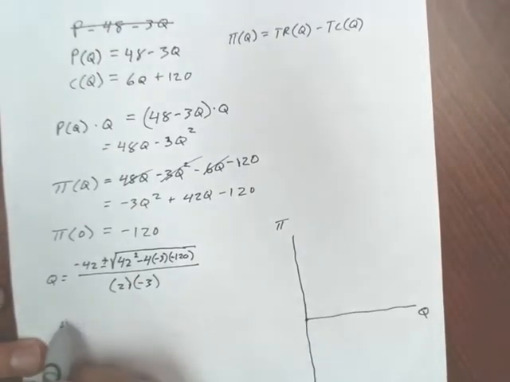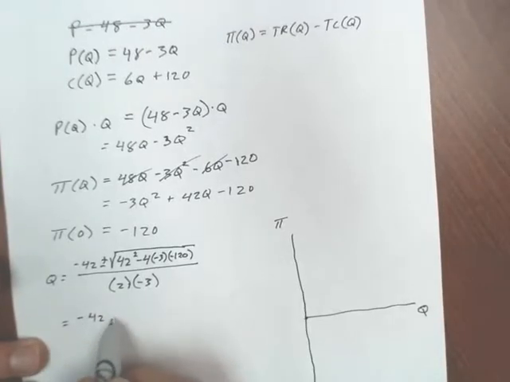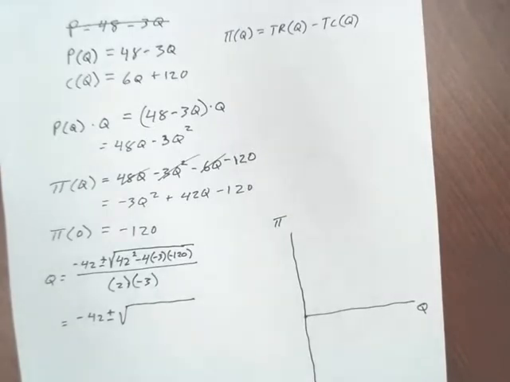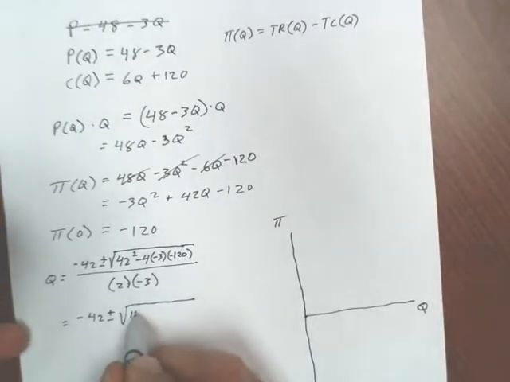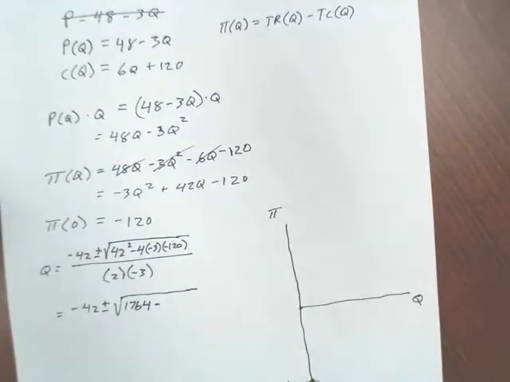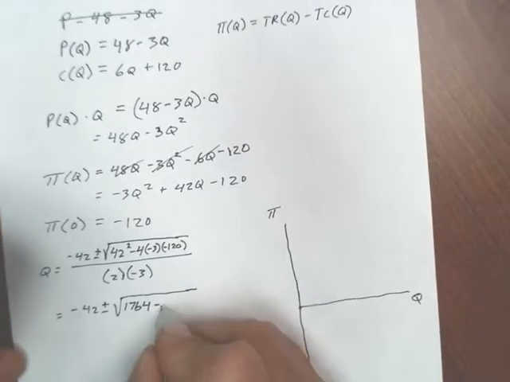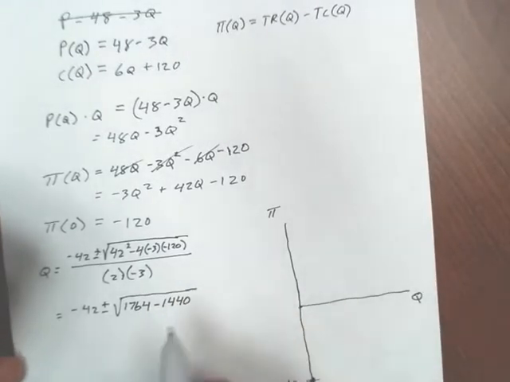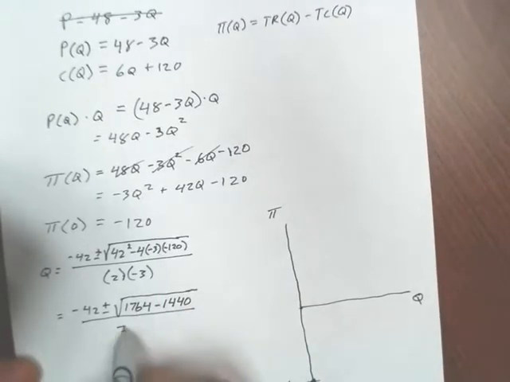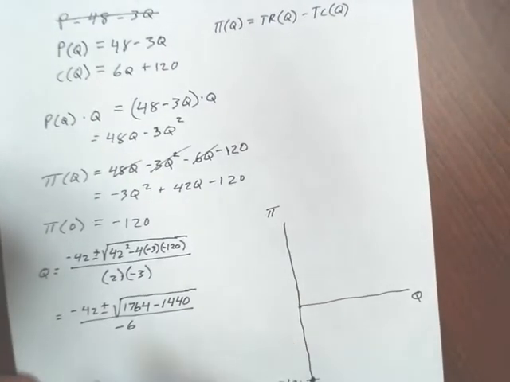So this equals negative 42 plus or minus the square root of something that I'm going to break out my calculator for. 42 squared is 1764 minus 12 times 120, which is 1440, all divided by negative 6.